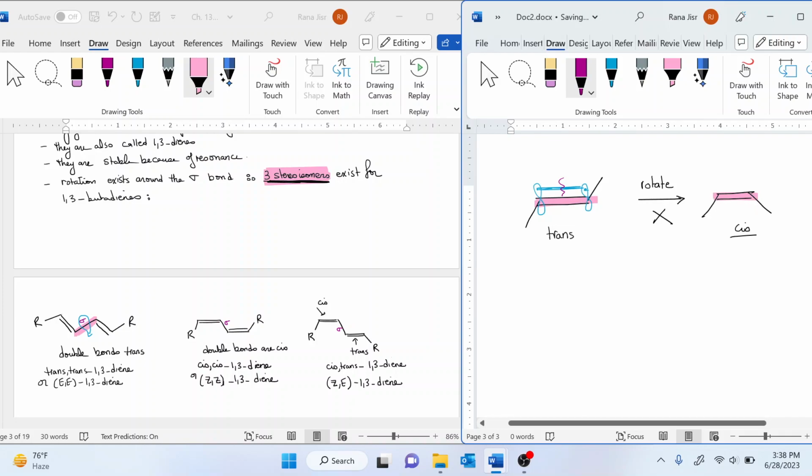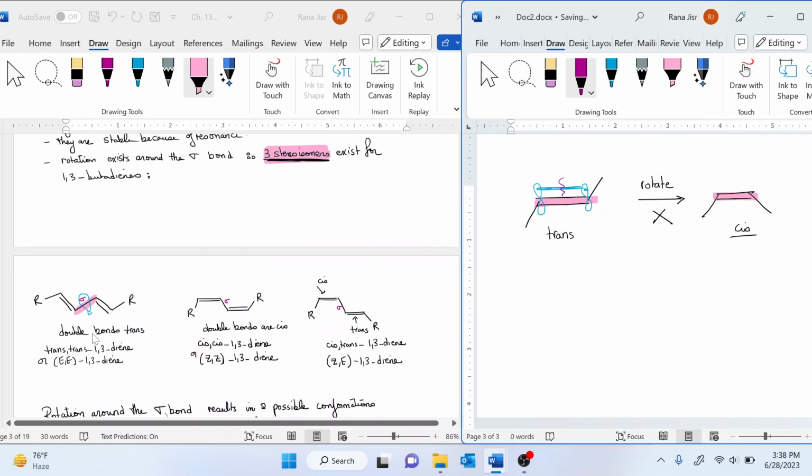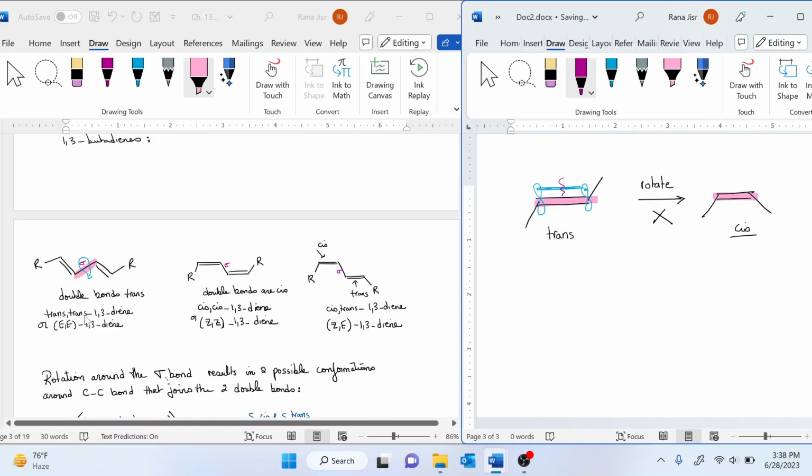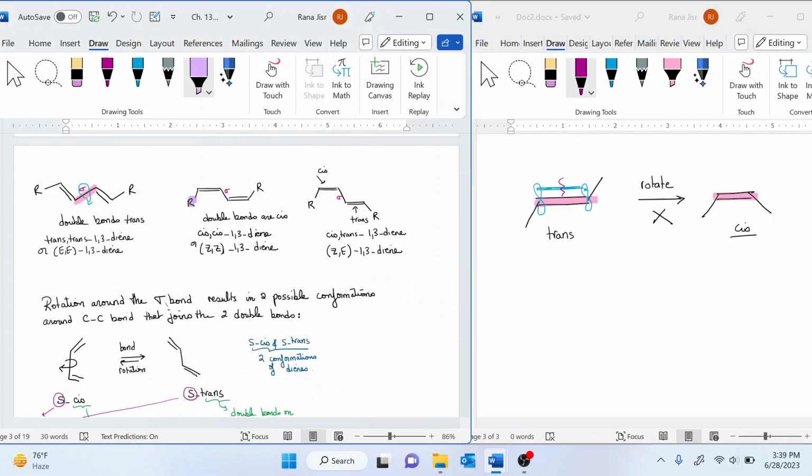So rotation does not exist without breaking the pi bond if you have a system of one double bond. But if you have a system of two double bonds, then rotation can exist around the sigma bond. And you can have the trans isomer or the cis isomer, or a combination between the cis and the trans.